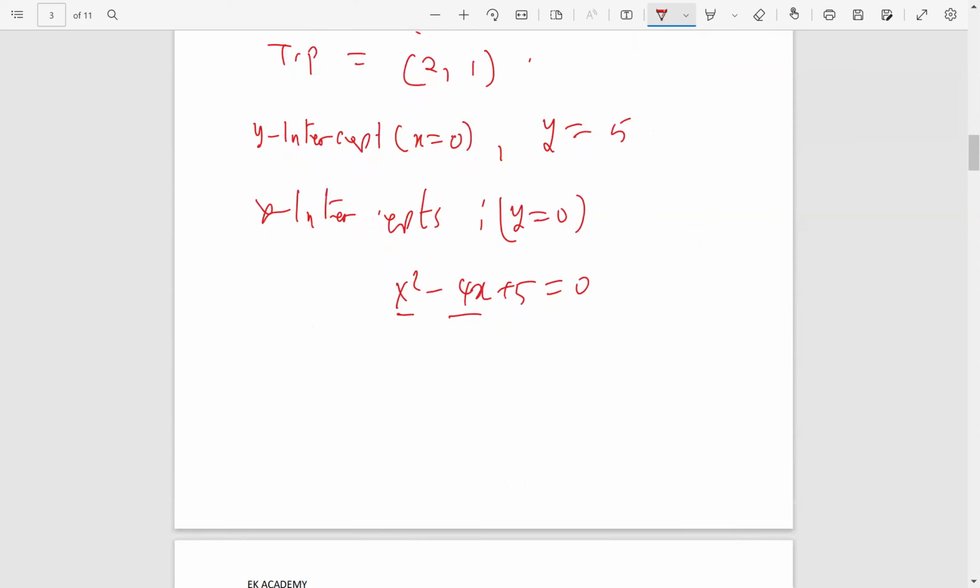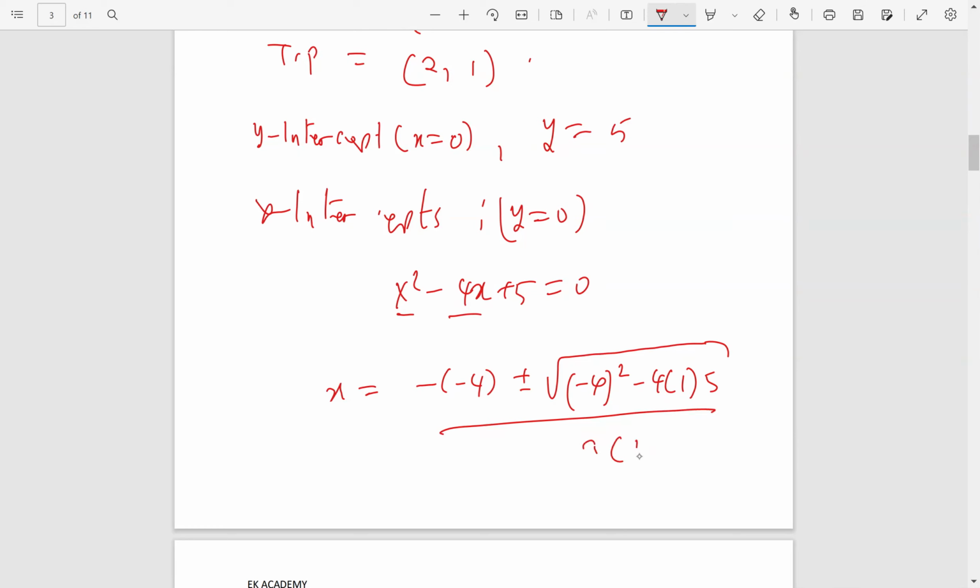But let us see if we can solve this equation. x equals minus b, negative 4, plus or minus the square root of b squared, negative 4 squared, minus 4 times a c, times 5, divided by 2 times 1.